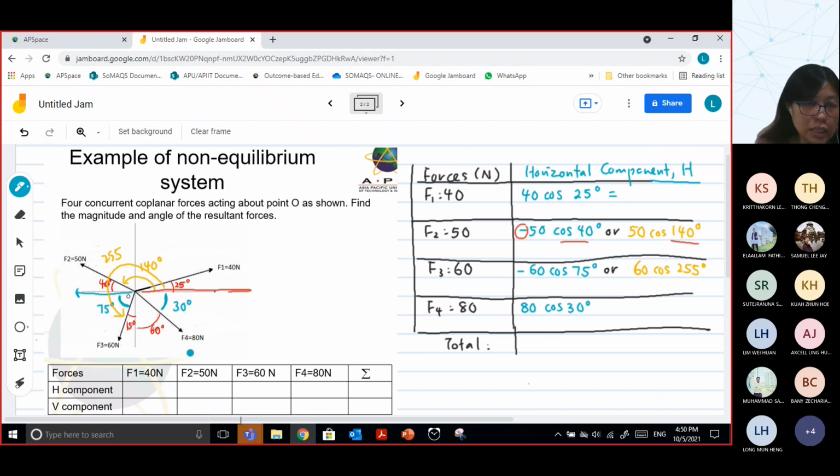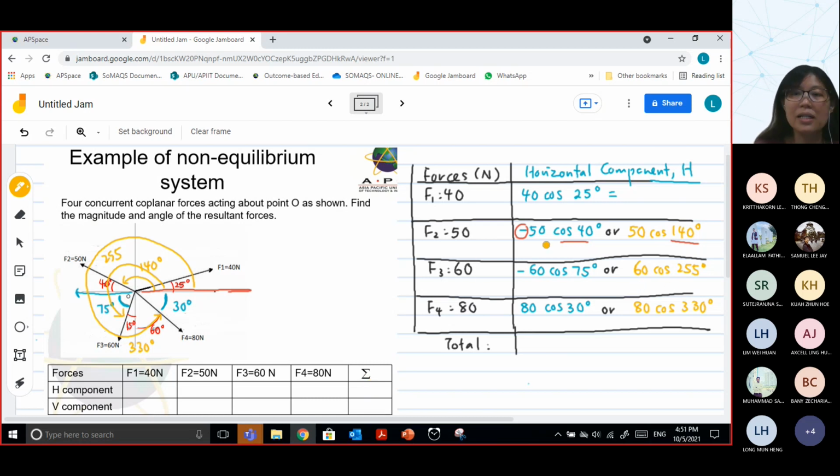Or if you don't want to use the basic angle, you measure your angle from here to here, then it will be 330. So the force is 80 Newton cos 330.